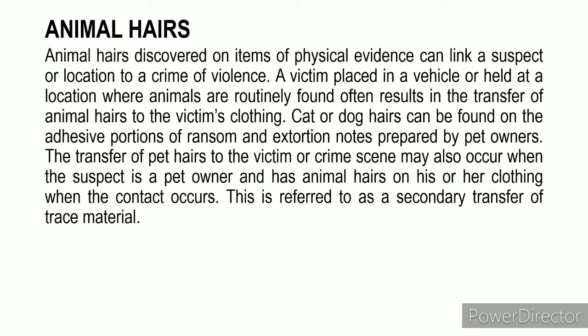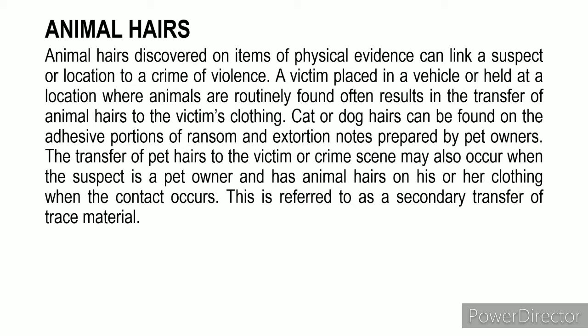Animal hairs discovered on items of physical evidence can link a suspect or location to a crime of violence. A victim placed in a vehicle or held at a location where animals are routinely found often results in the transfer of animal hairs to the victim's clothing.